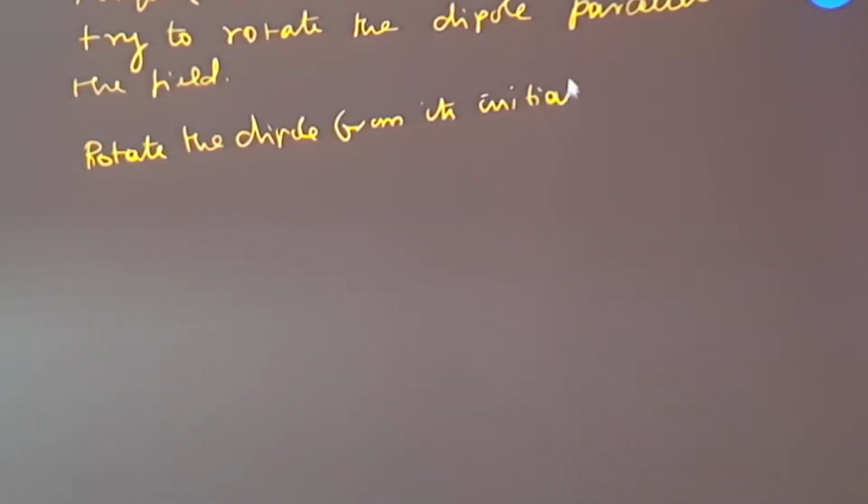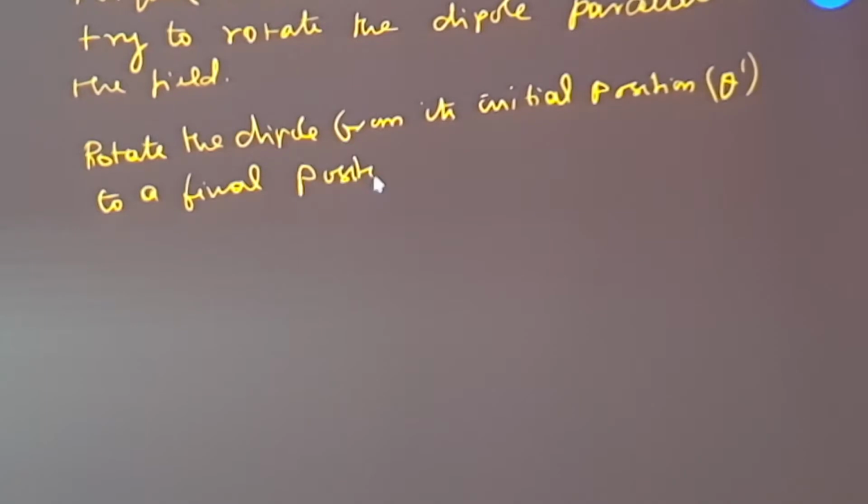So let us write like this: rotate the dipole from its initial position, let us consider the initial position as theta dash, to a final position theta. If you want to rotate this dipole from its initial position to the final position theta, we have to do work.